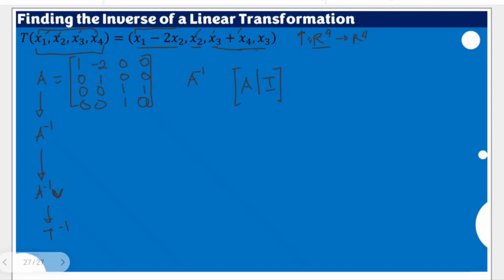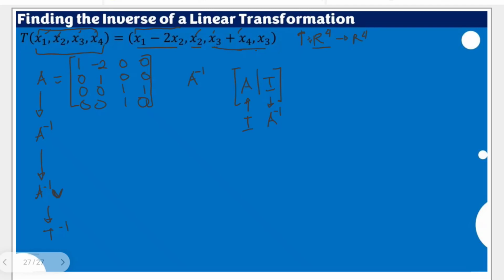Then we apply elementary row operations to convert matrix A into the identity matrix in R4, and apply the same row operations to the other side. What will be the result? That's your inverse. We will not be using the determinant as presented in finding the inverse of a 2x2 matrix, since that is for a 2x2 matrix only. Here we are going to show how it's done.